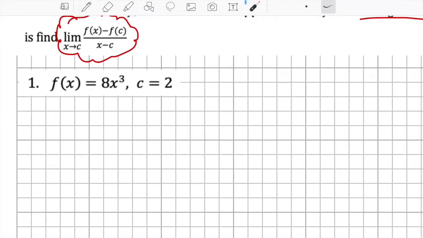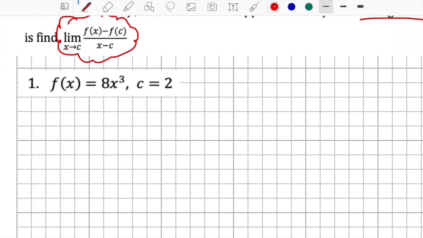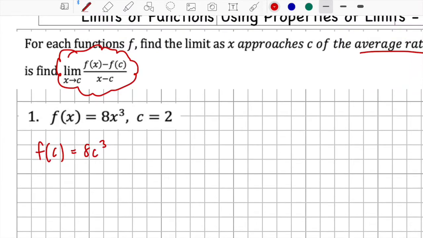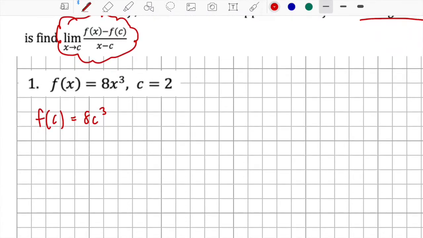So here we go. What I want to do is start by writing what is f of c. F of c, all we have to do is replace the x with c. So 8c cubed. Now, since we want to find the limit as x approaches c, in this situation c is 2.